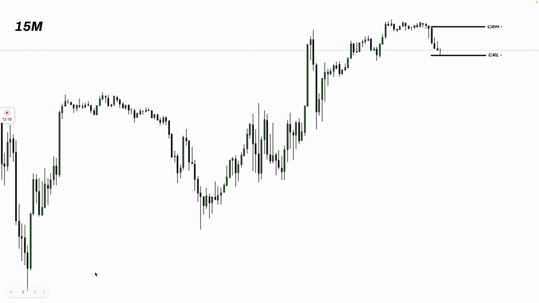As I have mentioned, this is bullish order flow. We are rejecting lows and breaking highs. We are likely to reject this low and break this high. We are bullish.